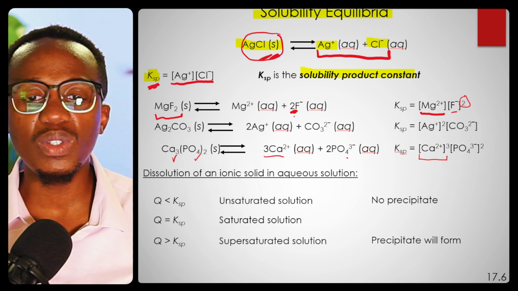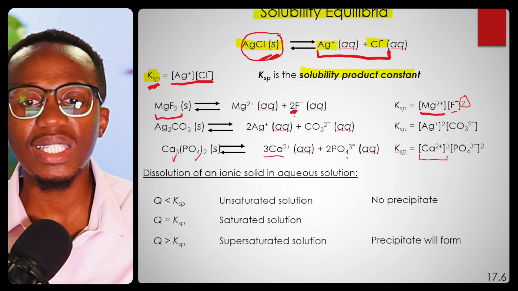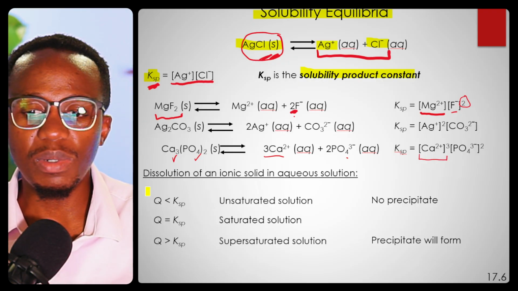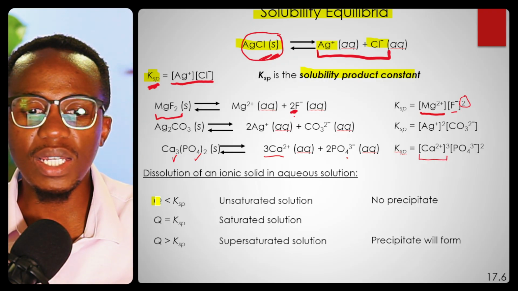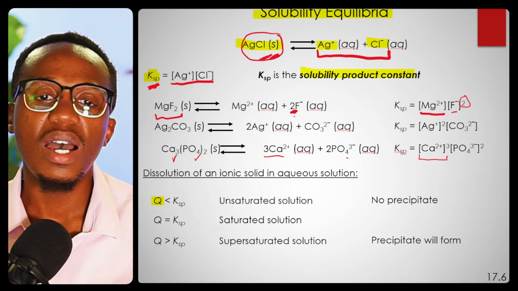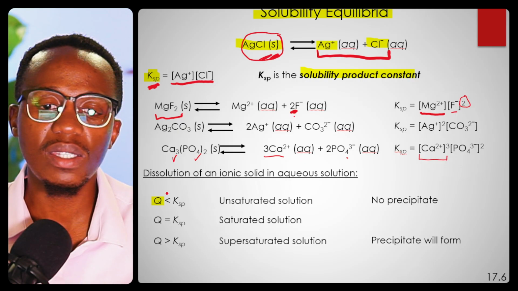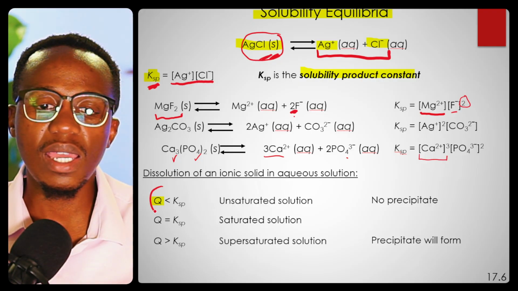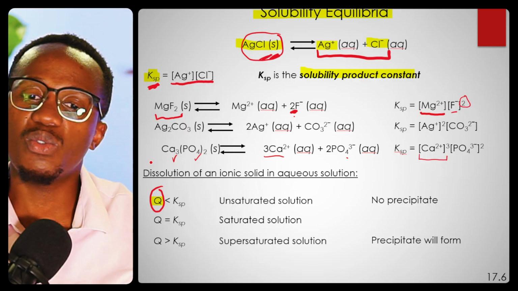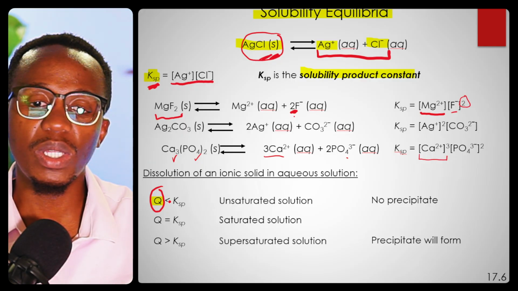So this only happens at equilibrium. But if you are not at equilibrium, you can use different concentrations, and we're going to have Q, which is just a product of the concentrations at just a random concentration, not at equilibrium.